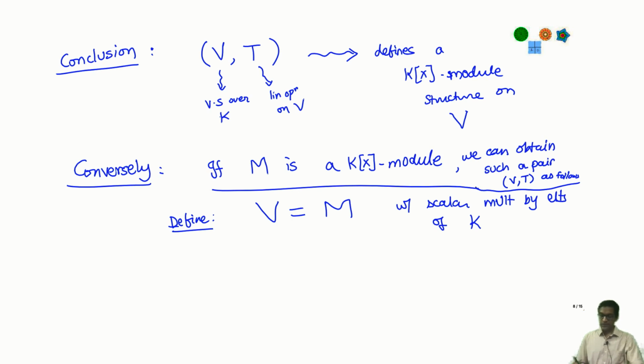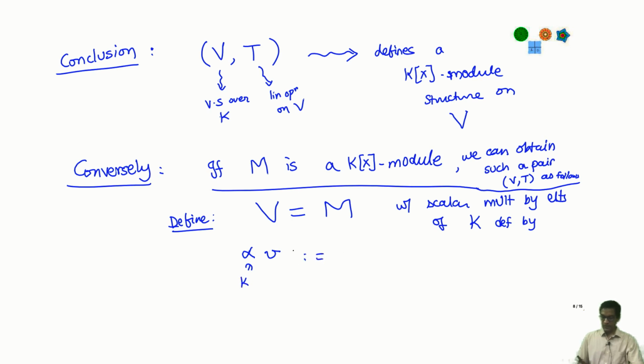The vector space is just the same as the space M itself, but I need to tell you how to do scalar multiplication by elements of K. Well, say I want to take an element v in M and scalar multiply it with a scalar coming from K. How should we define this?